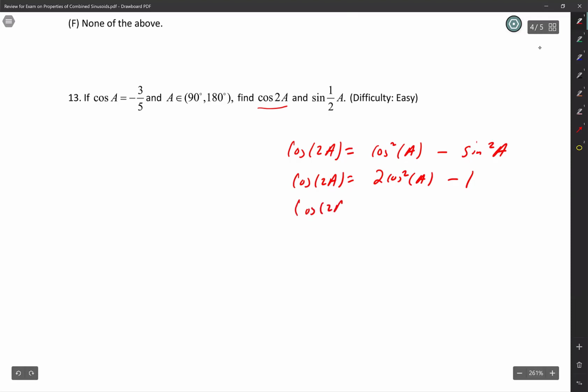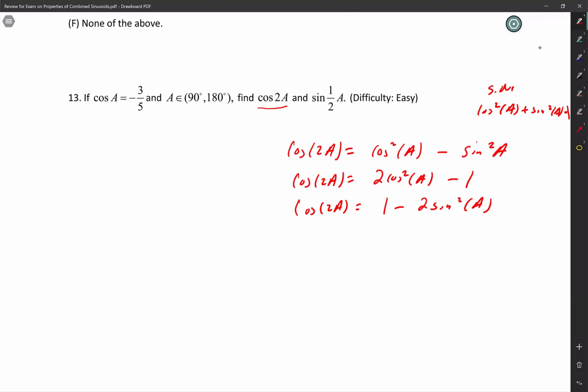I make mistakes all the time. And 1 minus 2 sine squared of A. Side note, cosine squared A plus sine squared A equals 1. So sine squared is 1 minus cosine squared. Distribute, positive. Yep, I think it's correct.